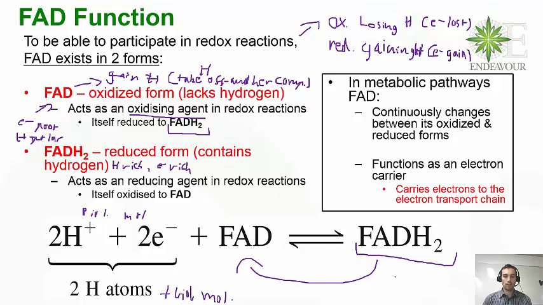So if we have our FADH2, then this is going to give hydrogen plus electrons to a biological molecule. Whereas if we have FAD, it's the opposite.